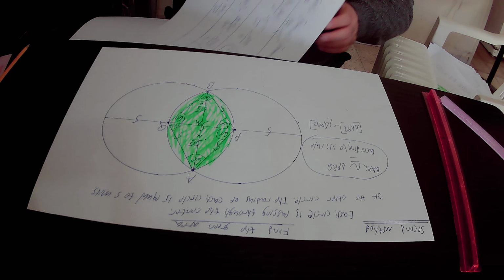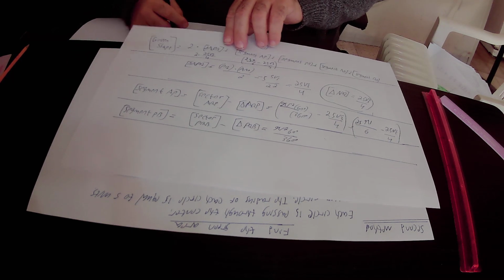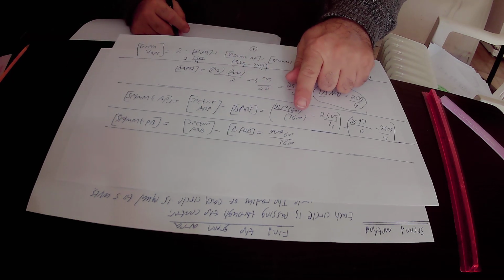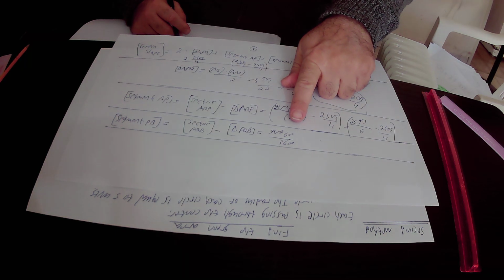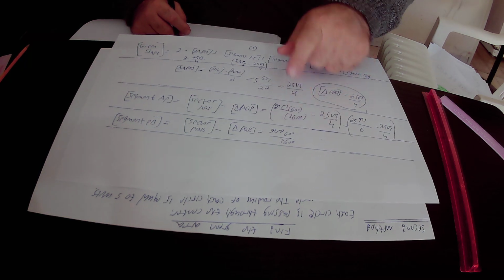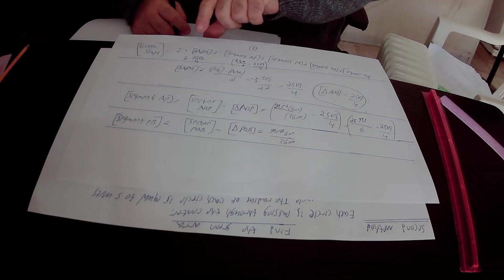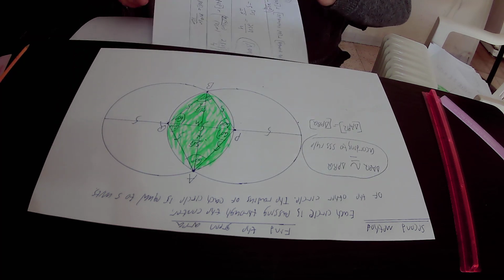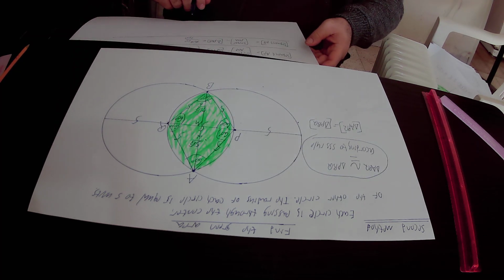Again, the area of segment PB equals pi r squared times 60 degrees over 360 degrees minus the area of triangle PQB.